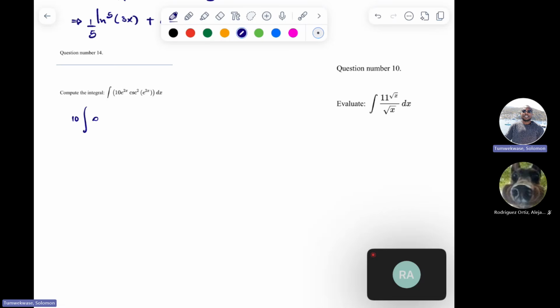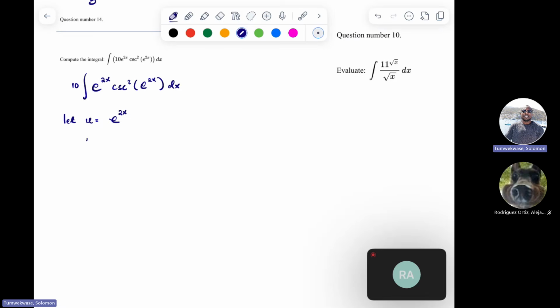So the integral of e to the 2x, then cosec squared of e to the 2x, and then dx. So I can let my substitution u be e to the 2x, and when I do that, I differentiate both sides, so du will be the same as 2 e to the 2x, then dx.